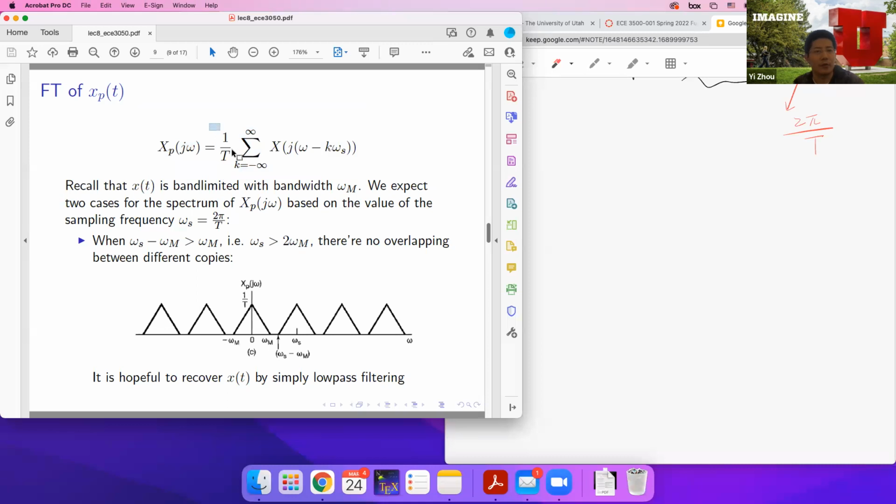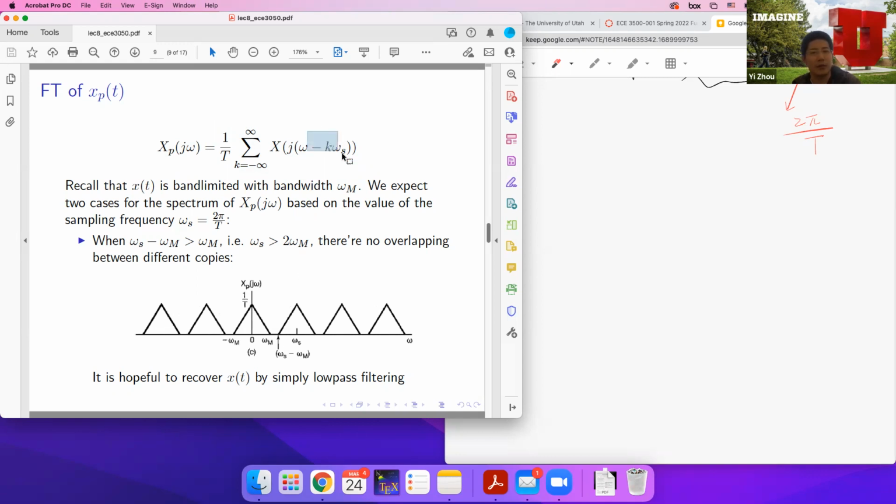First of all, we scale all the spectrum magnitudes by 1 over capital T. This is a very simple magnitude scaling. Then for this infinite summation, we are basically copying the original spectrum and pasting it at different periodic locations.